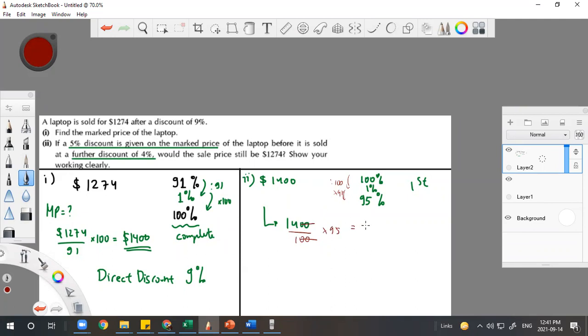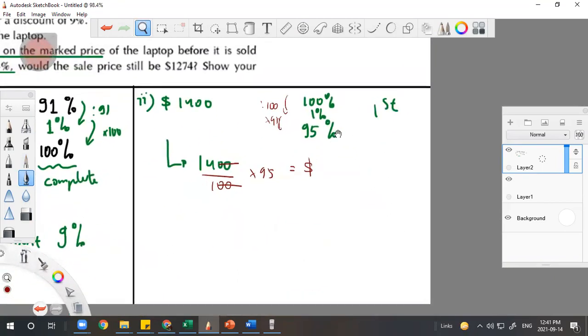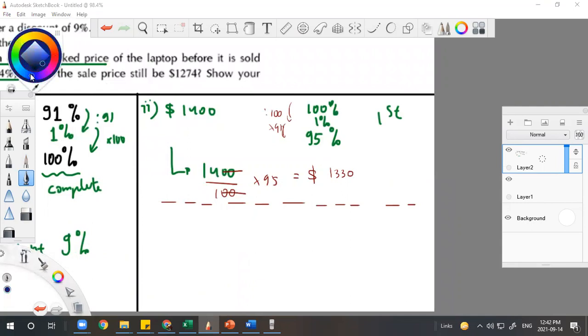Answer, please. Anyone answer the 1330. 1330. Thank you. And then give you a further discount. So this is already done for the first discount. Now we move to the second discount.